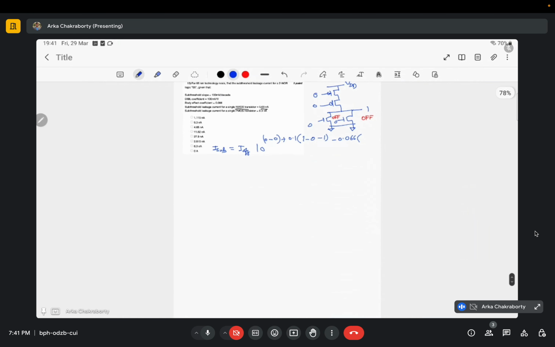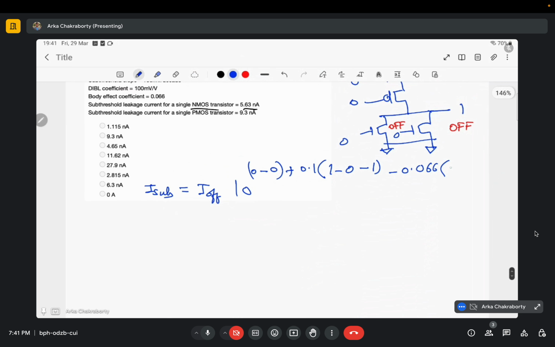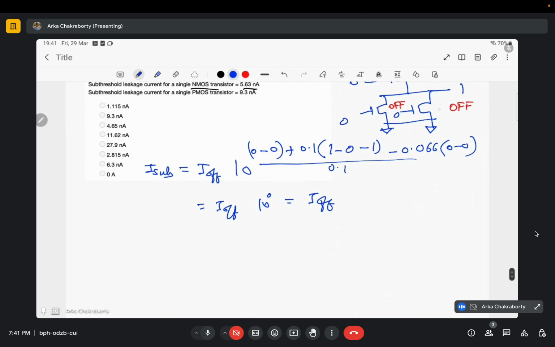VSB. So source is 0, B is 0, times 0.1. So it's basically I off times 10 to the power 0, that is 1. So I off for 1 NMOS is equal to 5.63 nanoampere.